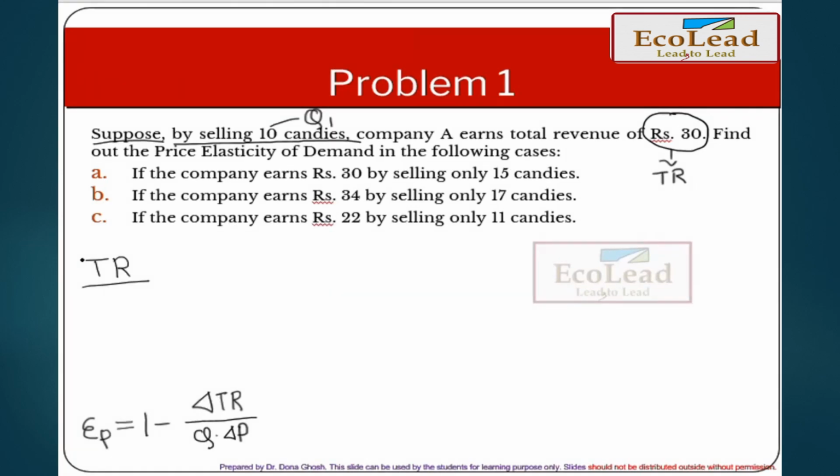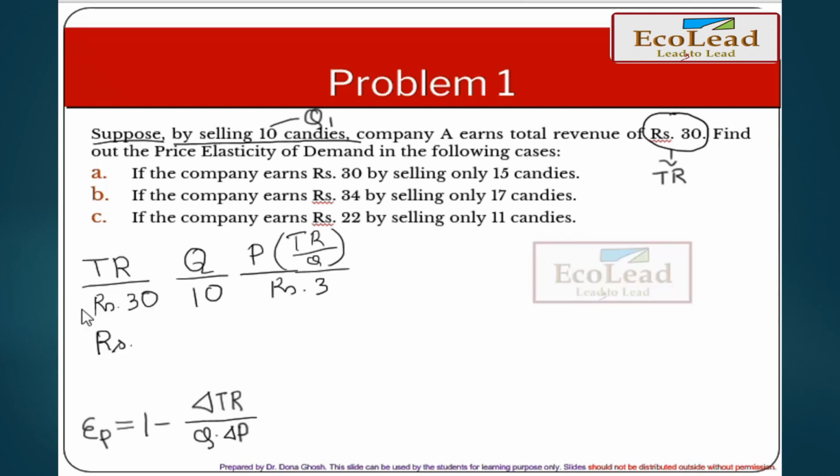Initially total revenue was rupees 30 and the company was selling 10 candies. So, the price of each candy in this case will be total revenue divided by Q. The price will be rupees 3 initially.